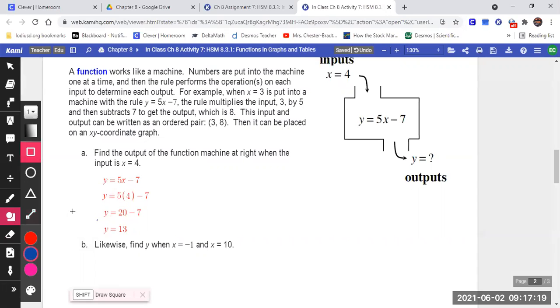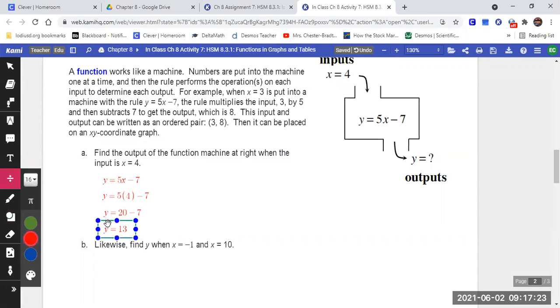Now I want this one. But my final answer is an ordered pair. What ordered pair would I say this is? What ordered pair did we just figure out? X of what, y is what?